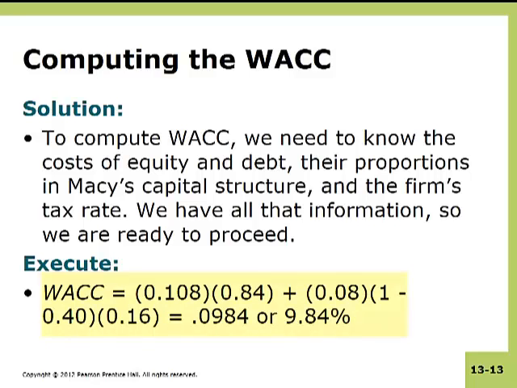So the weighted average cost of capital is 0.108 times 0.84, which is the percent of equity, times the cost of equity, plus 0.08, which is the cost of debt, times 1 minus the tax rate of 40%, times 0.16, which is the weight of debt. You do the calculations and we find that the weighted average cost of capital is 9.84%.